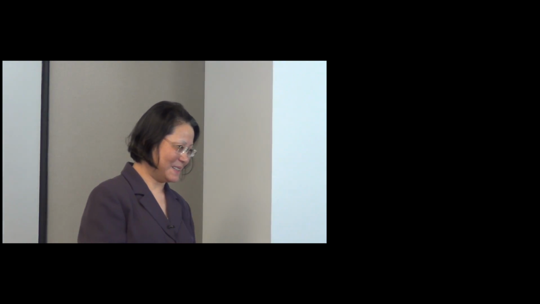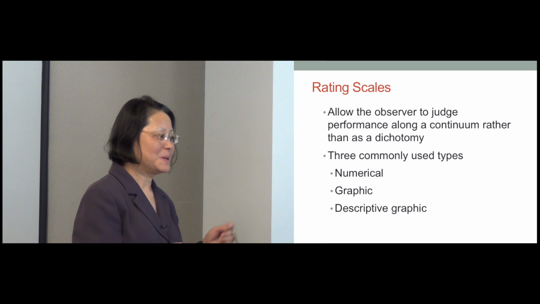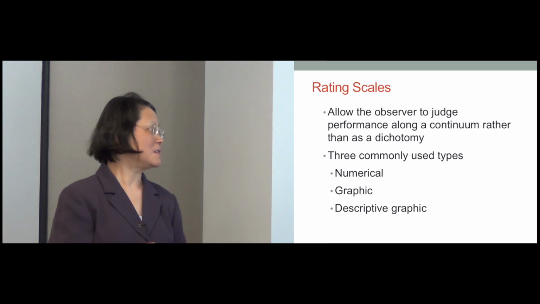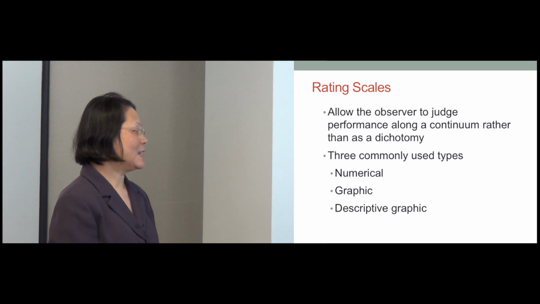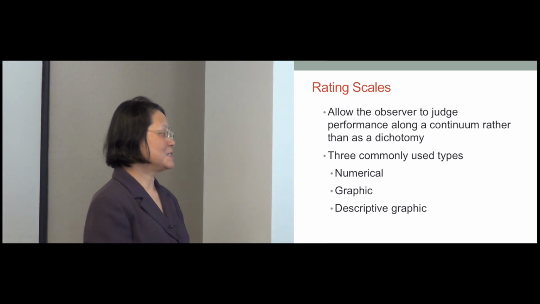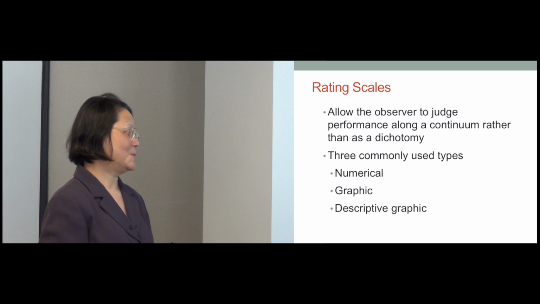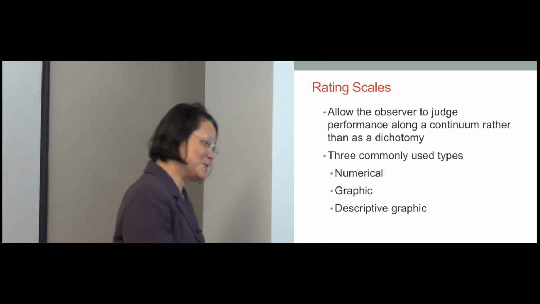Sometimes you don't want to say whether they did it or did not do it. You want to say how well they did. This is what we call rating scales. They allow observers to judge performance along a continuum rather than just a dichotomy, just like what you mentioned.